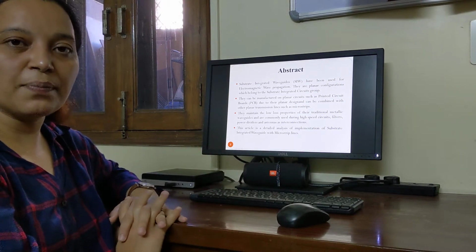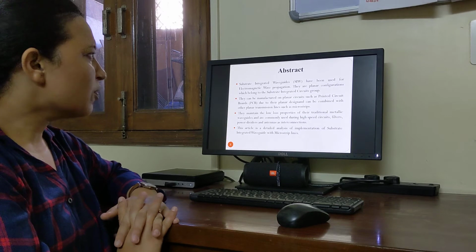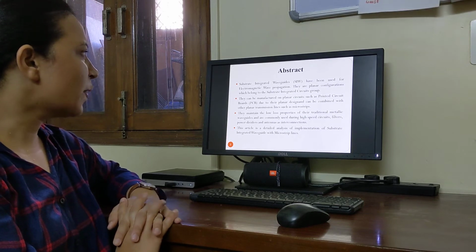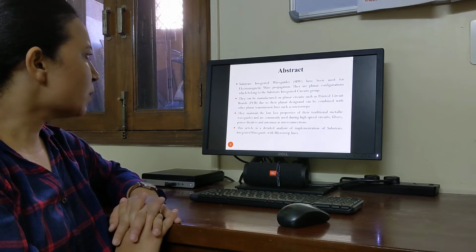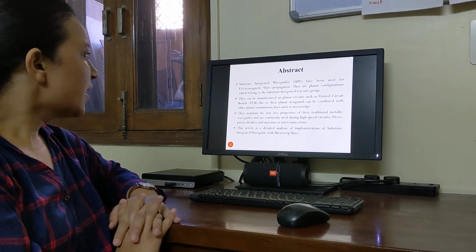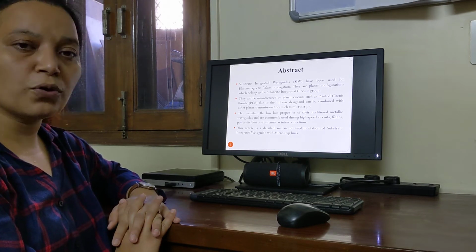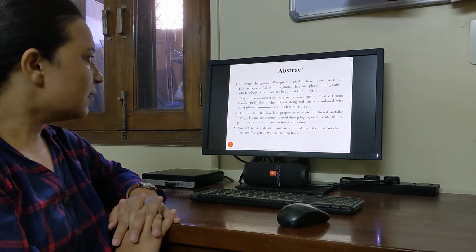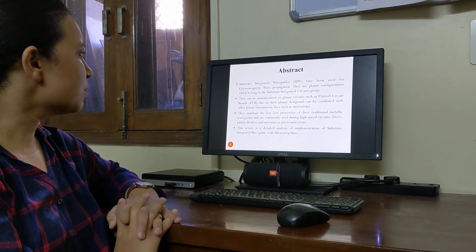Okay, so let me start from the abstract of my paper. Substrate integrated waveguide has been used for electromagnetic wave propagation. They are planar configurations which belong to substrate integrated circuit groups. They can be manufactured on planar circuits such as printed circuit boards, and due to their planar design, can be combined with other planar transmission lines such as microstrips.